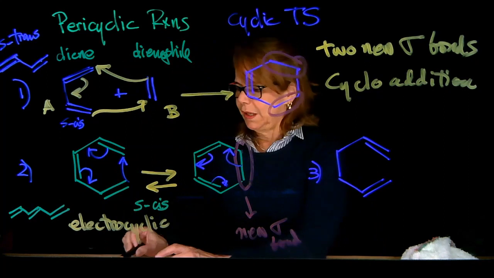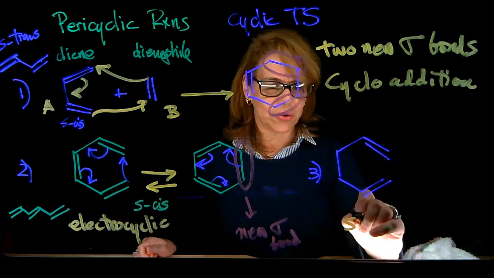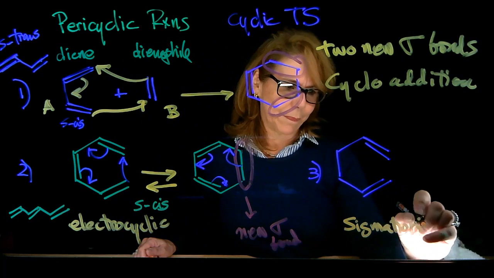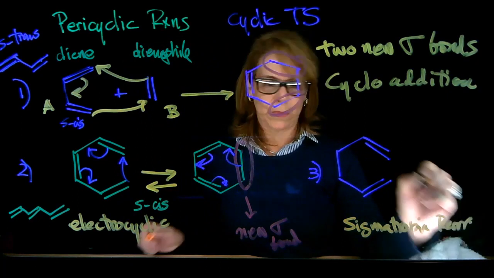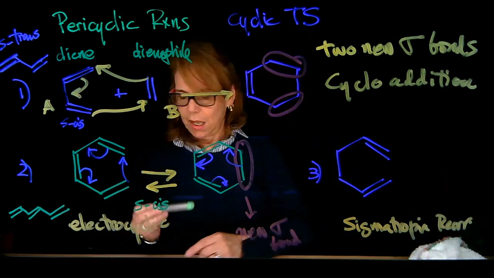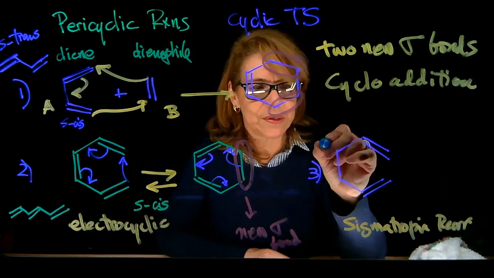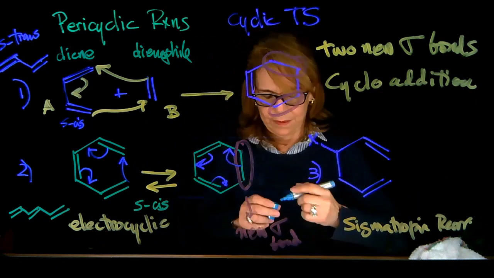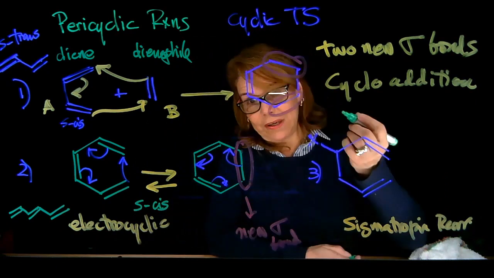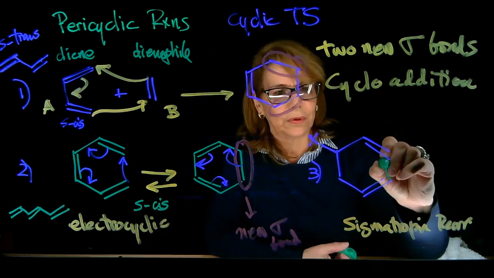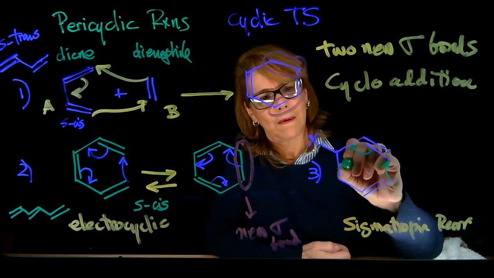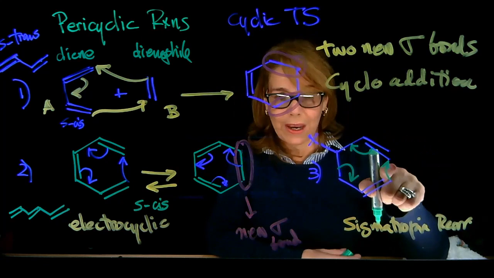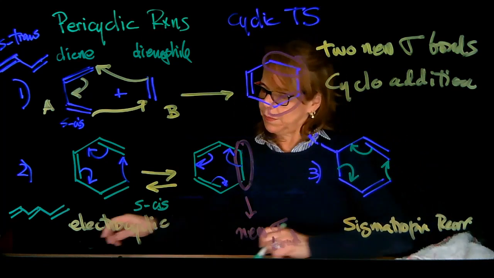The third type is called sigmatropic rearrangement. And what happens here, and I'm going to add a substituent here so that we can explain this better. So say now in this rearrangement, what we're doing is we're closing that. So in this reaction we're creating a new bond here.